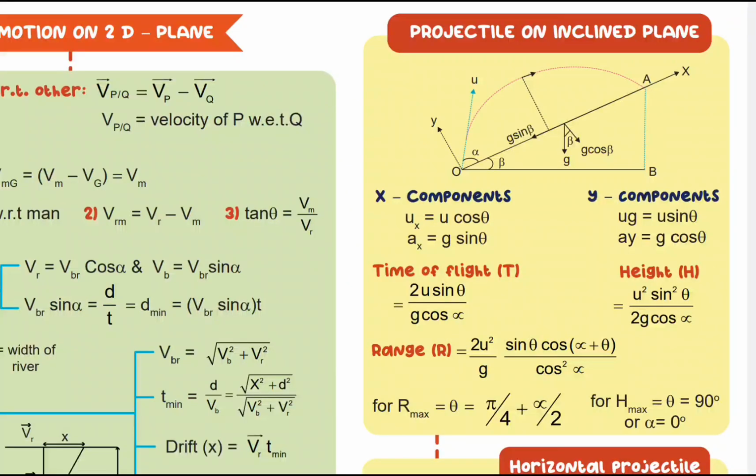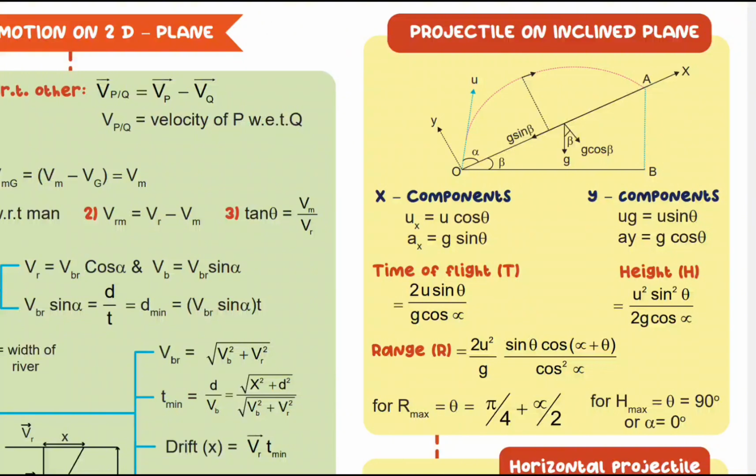Projectile on inclined plane. X components: ux equal to u cos theta, ax equal to g sin alpha. Y components: uy equal to u sin theta and ay equal to g cos alpha. Time of flight equal to 2u sin theta divided by g cos alpha. Height equal to u square sin square theta by 2g cos alpha.